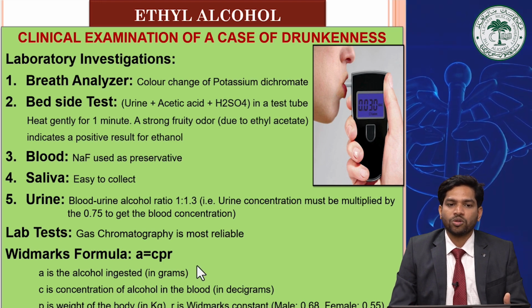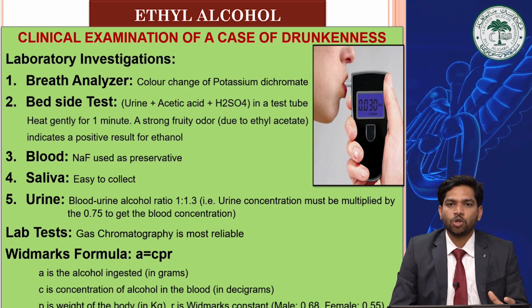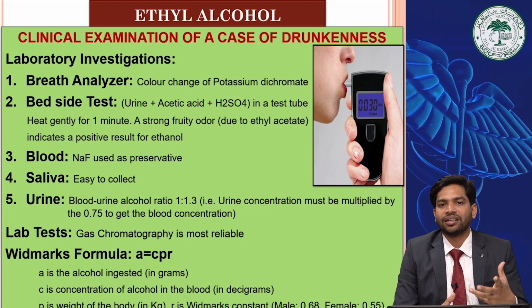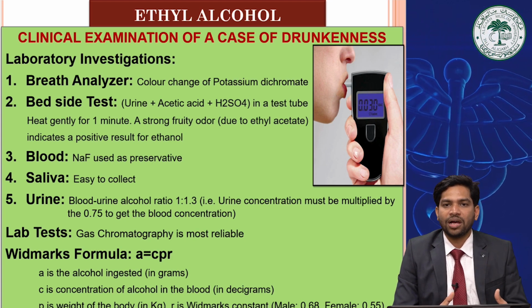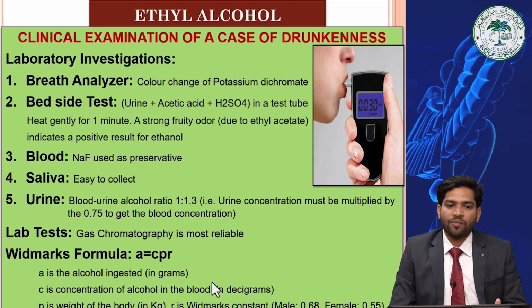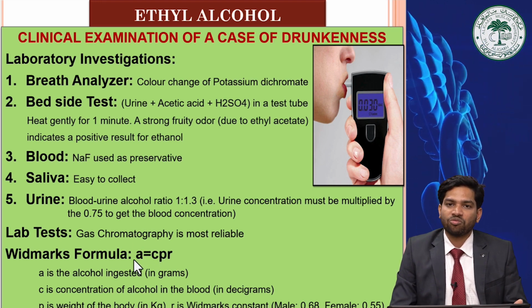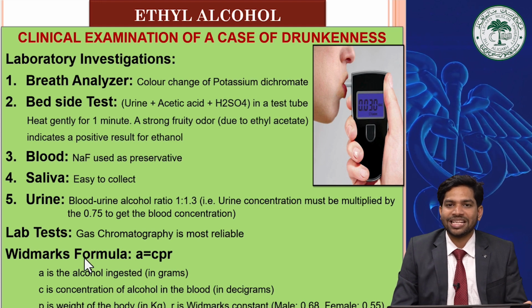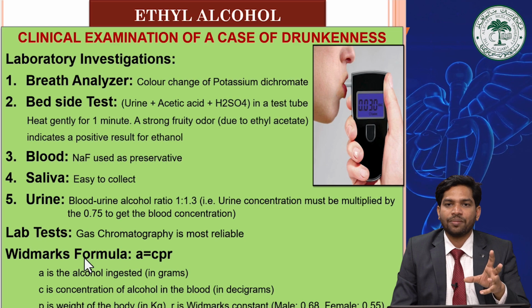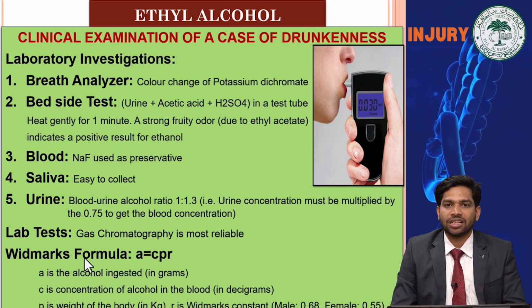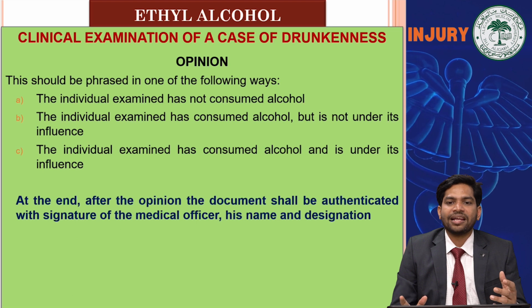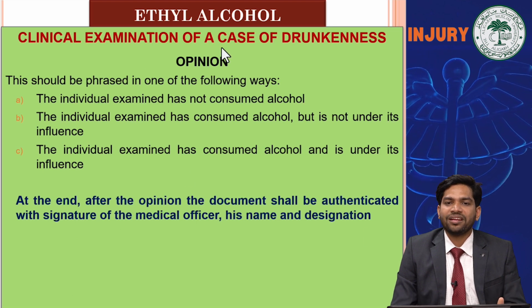You must know what type of alcohol has what concentration of ethyl alcohol, and according to that the blood concentration will differ. From the blood concentration, you can calculate what amount in grams of alcohol he has ingested, and that means we may calculate what number of pegs or standard drinks he has consumed. Then comes the final step, that is the opinion formation.